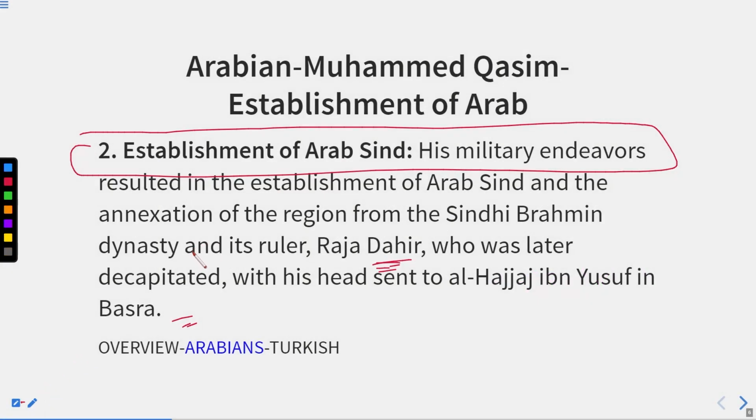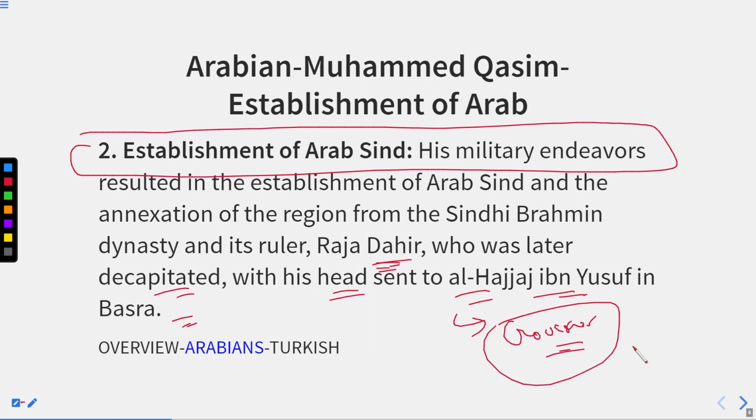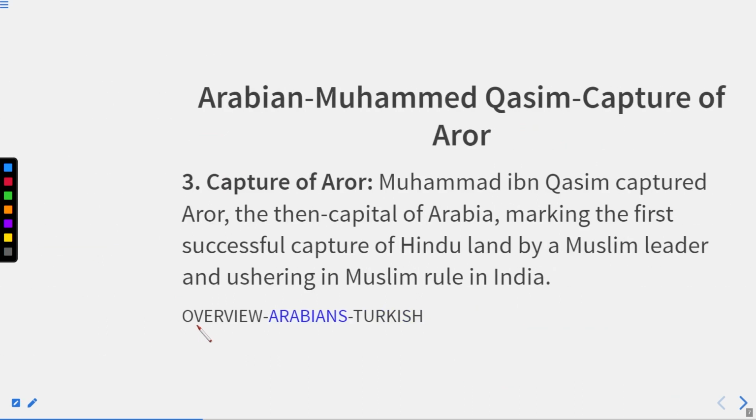Okay, this leads to the establishment of Arabs in Sindh. Dahir was decapitated and his head was cut off from his body and sent to Al-Hajjaj ibn Yusuf in Basra, who was the governor at that time. Okay, he was the governor of Baghdad. Alright, so that happened in the Battle of Sindh.